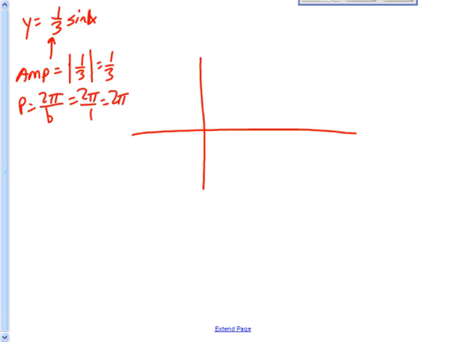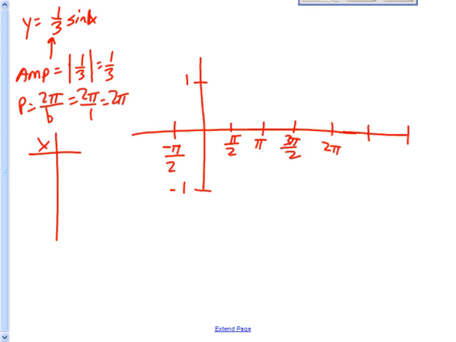So let's graph a few points here. Again, I'm going to go by halves. Alright, here we go. 1/3 sine of x. What's the sine of 0?